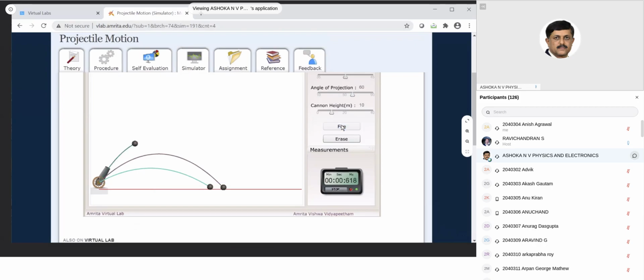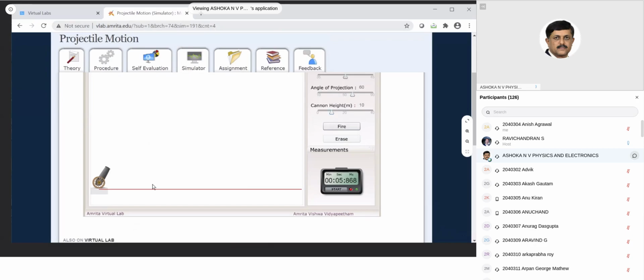It will go, and the time taken is more than for 30 degrees, which was 3 point something. Here it is 5.868 seconds. If you want to erase, you can click on erase, it will go.